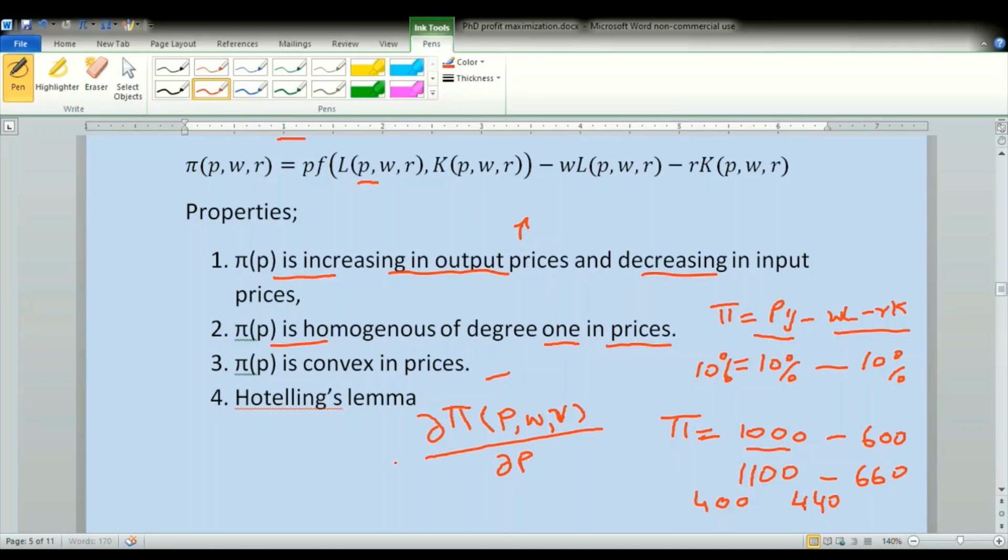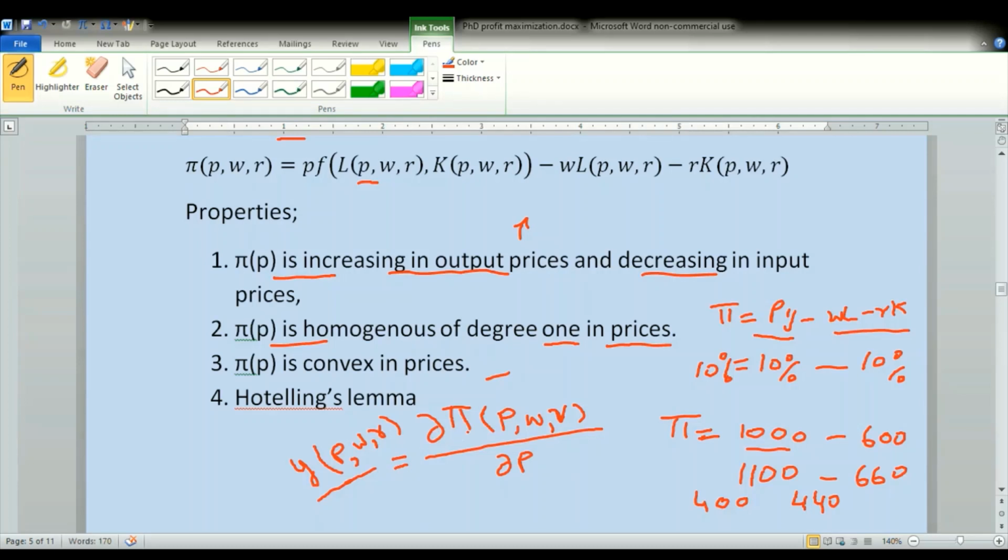If we do that, we will be getting the output supply function, that is the units of output that will be produced such that these units will be maximizing the profit at the price equal to P, and wage and rental rate equal to W and R. So let me just write these down here as well, W and R. This is known as the output supply function, and we will be discussing this in greater detail later on.